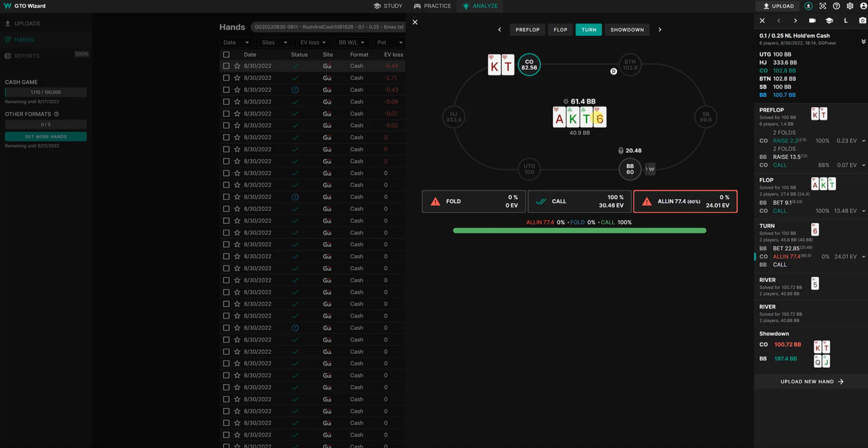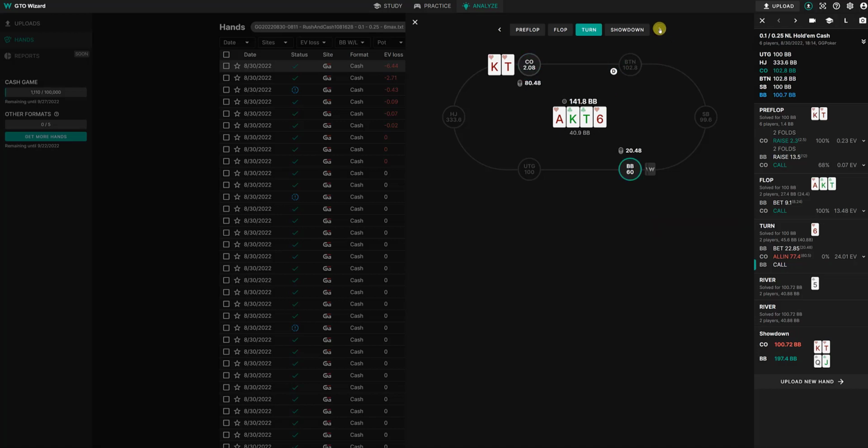I saw a flush draw, nut flush draw. I had 2 pair. I thought he might have folded something, he was bluffing, but he didn't. And then I shoved all in, which was a bad play.